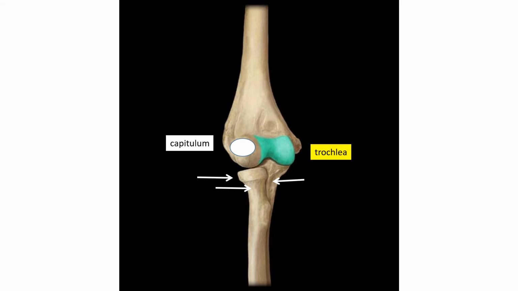That is an elevation in the upper end of the ulna, and we will be seeing it another time. When this is the capitulum, then the capitulum is going to articulate with the head of the radius.